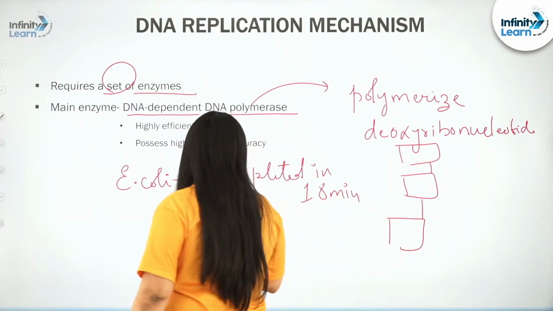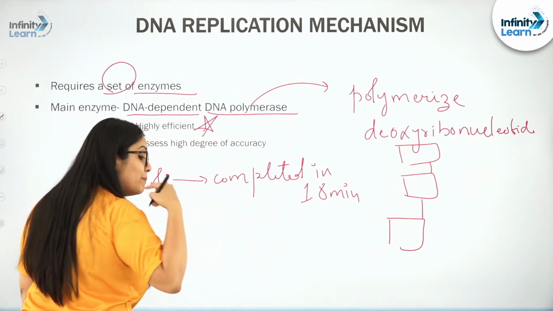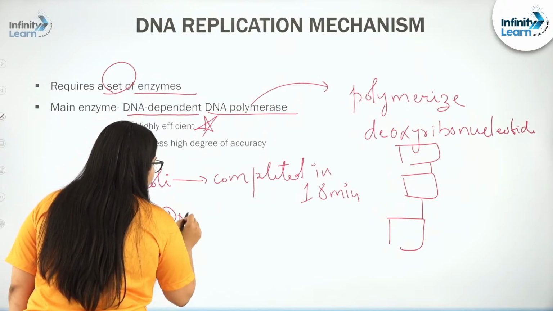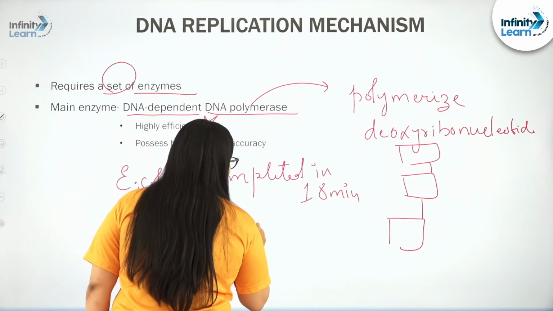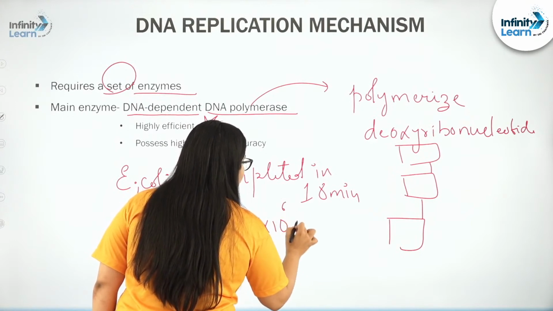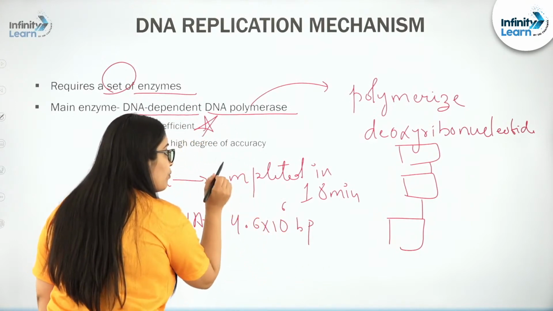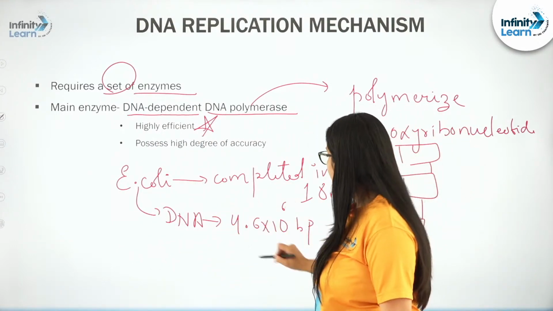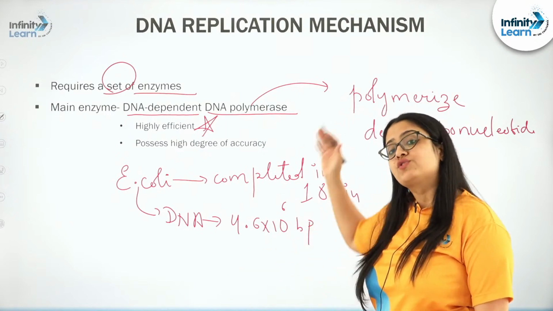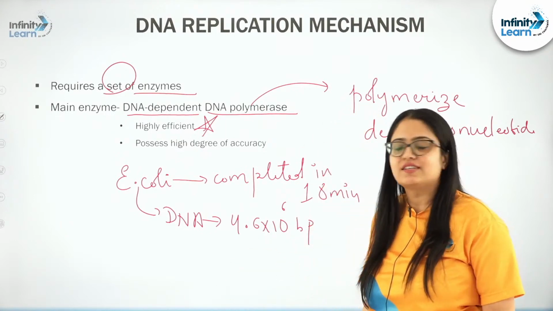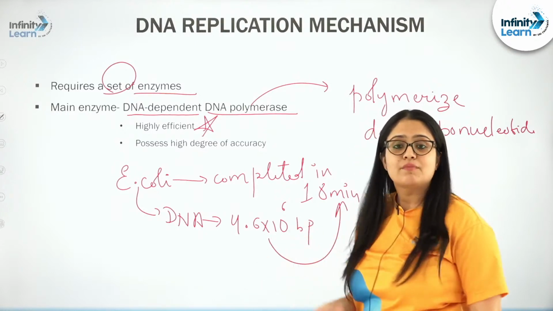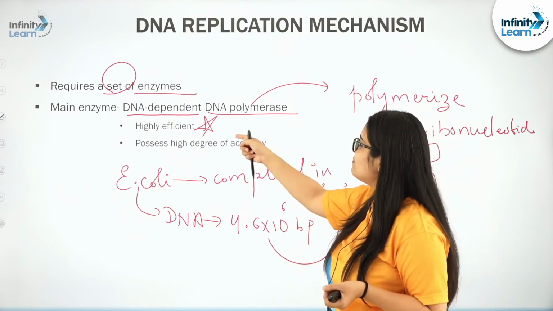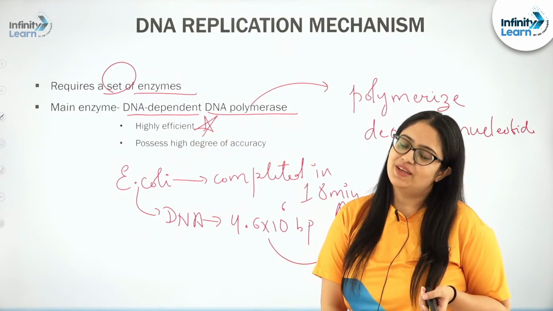And you know how many base pairs are present in the DNA of E. coli? E. coli DNA possesses 4.6 into 10 raised to the power 6 base pairs, and the polymerization of such a high number of base pairs gets completed in just 18 minutes. Isn't it amazing? And this shows the power, the efficiency of this enzyme known as DNA dependent DNA polymerase.